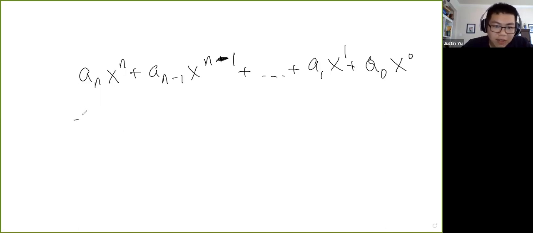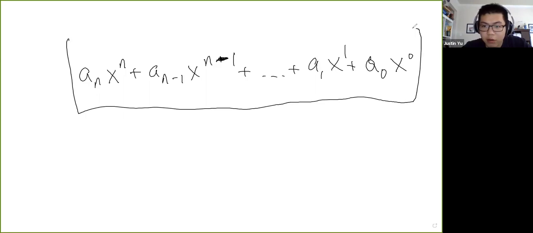If I just added 1 over x and 1 over x squared and so on, this is not a polynomial. And the reason for that is mainly convention and also because it makes a lot of operations nicer. So this is going to be the only form of a polynomial that we look at.